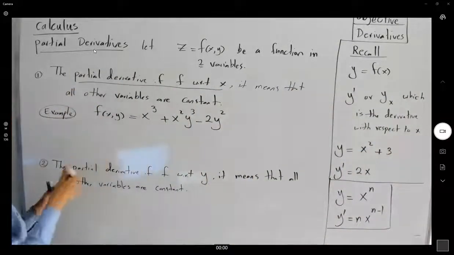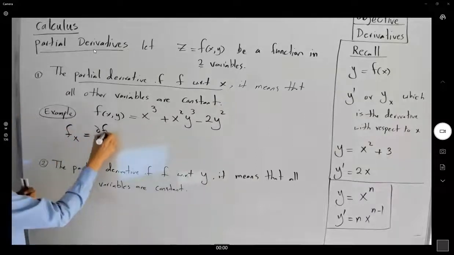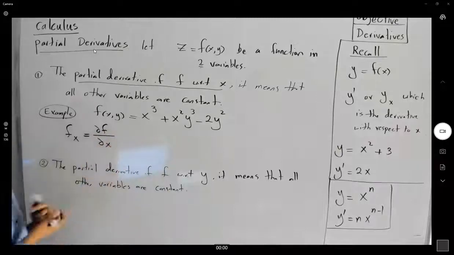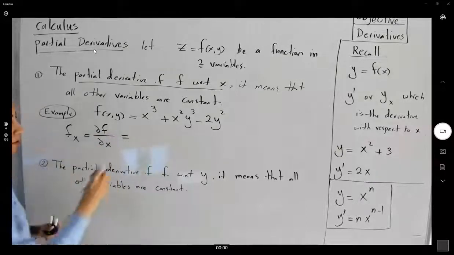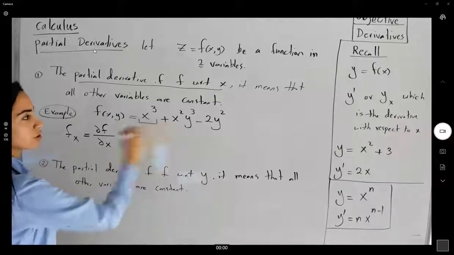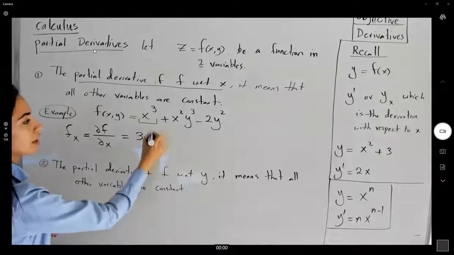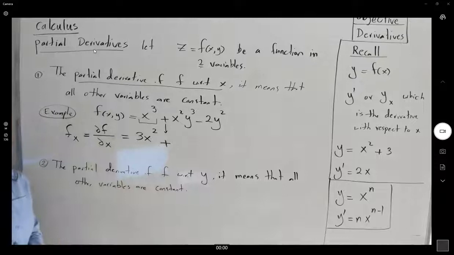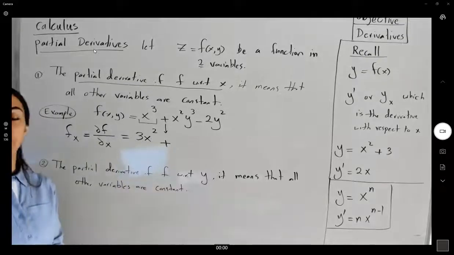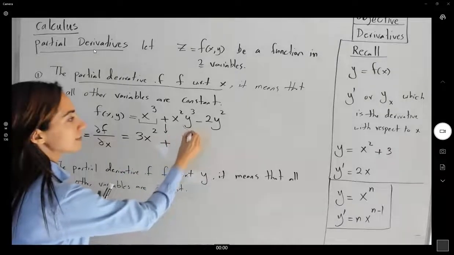So with respect to x, write f sub x, or partial derivative of f with respect to x. Okay, step by step, we're going to take the derivative. Here you have your first term, x cubed, so the derivative is 3x squared. You have a plus sign, you're going to write this down here. Then you're taking the derivative with respect to x. This part is a constant.